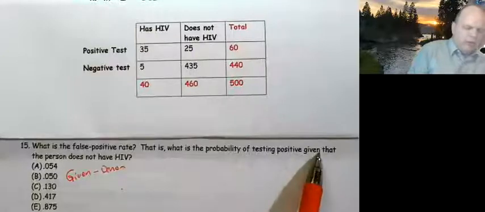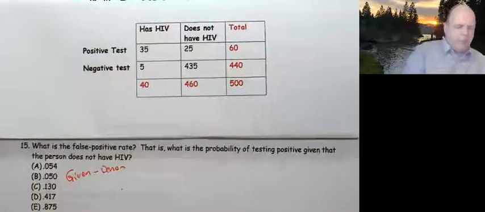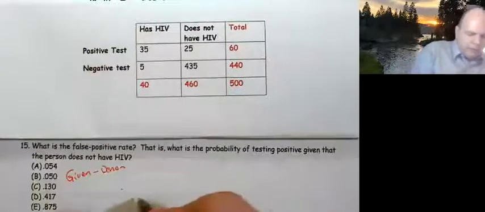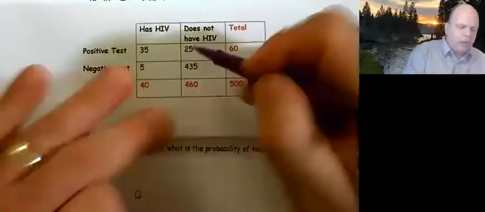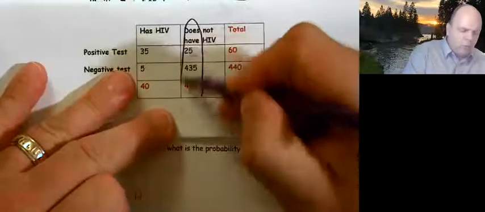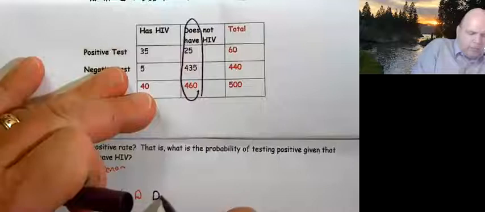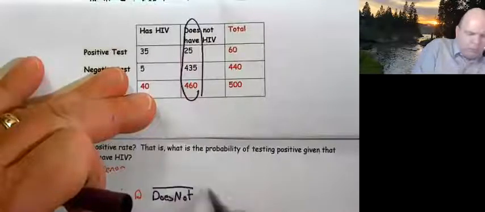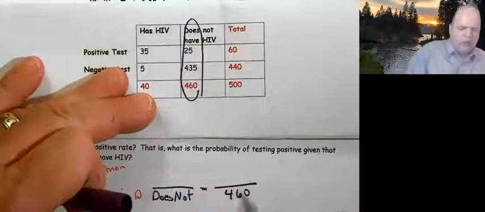So given that the person does not have HIV, no HIV is in the denominator. So let's look at that column. That's where we're starting. And we have does not have HIV. We find out that that value is 460.